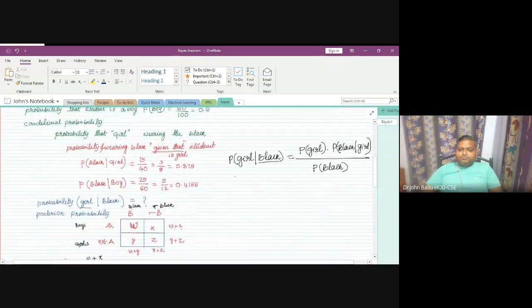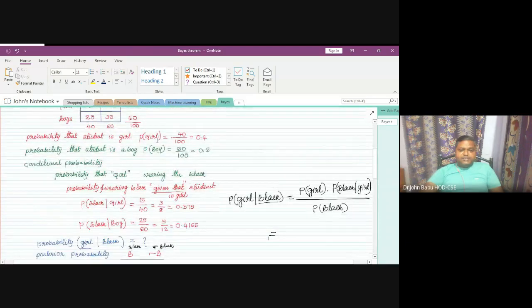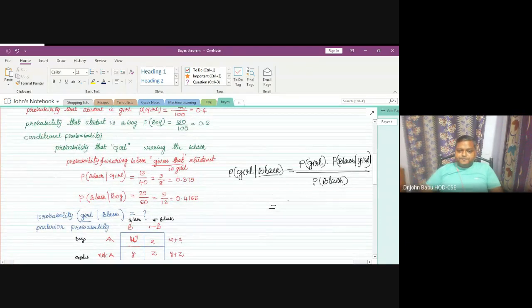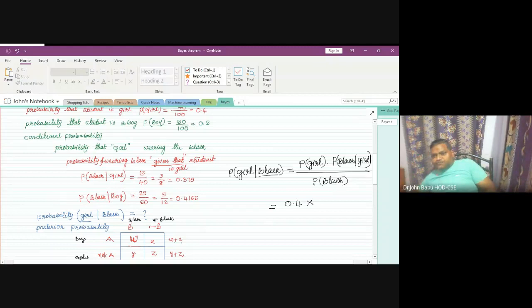And what is probability of girl? Probability of girl we have already calculated. Prior probability is 0.4. So 0.4 into probability of black given a girl, which is 0.375.